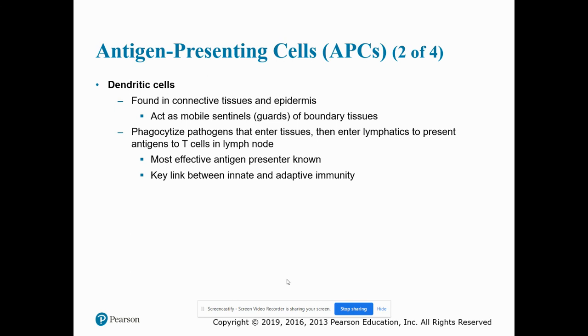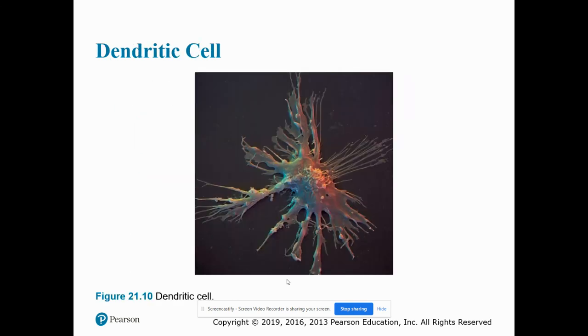And once that happens, they enter the lymphatic system and present the antigens to T cells in lymph nodes. They are the most effective antigen presenter known, and they are the key link between the innate and adaptive immune systems. This is a dendritic cell.